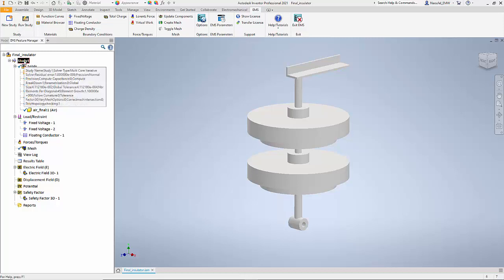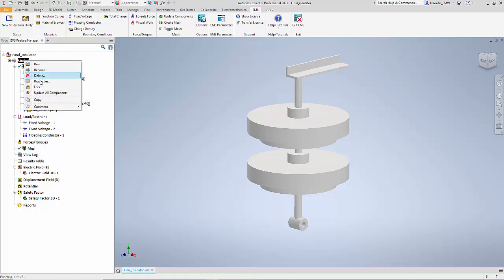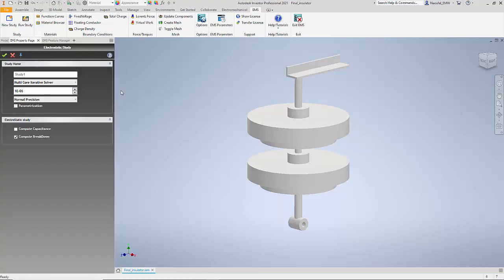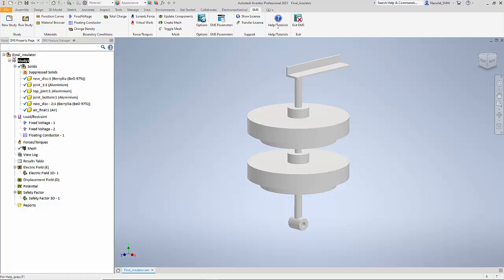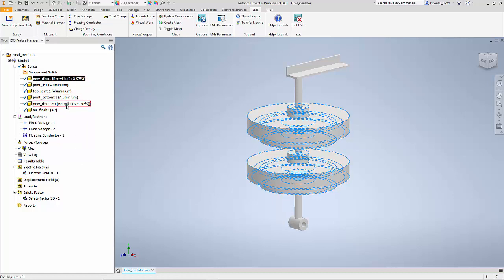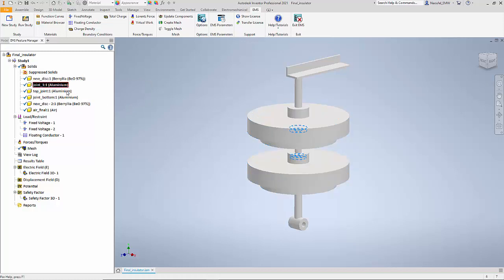To do that, we have created what is called an electrostatic study in EMS, and we have also requested the program to compute the breakdown voltage. Once the study has been created, we have defined the materials for the various components. The two discs are made of beryllia, and the other conductors are made from aluminum.